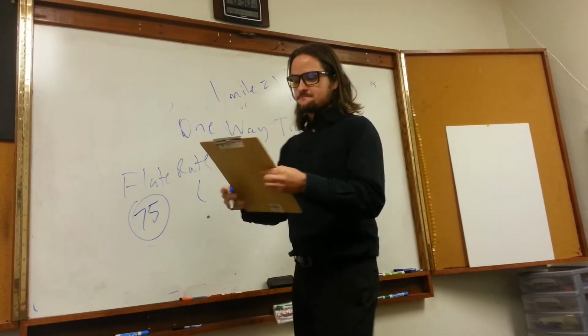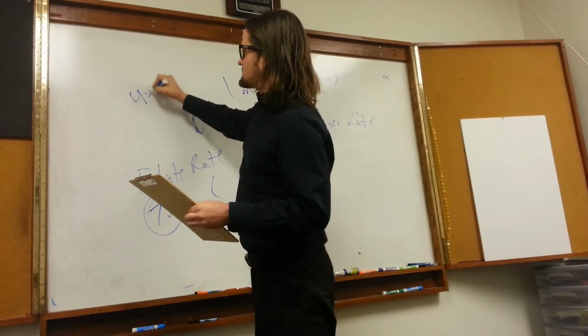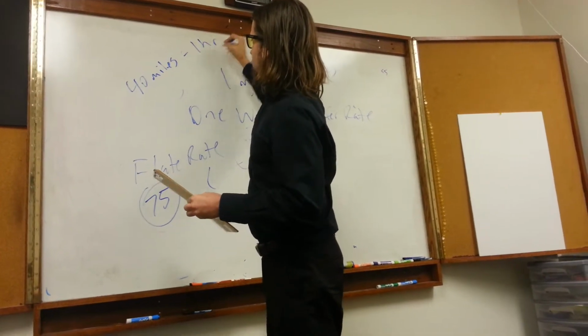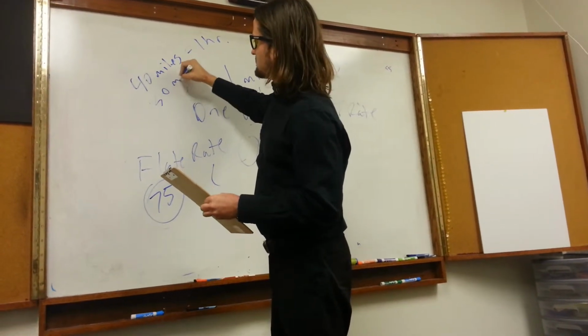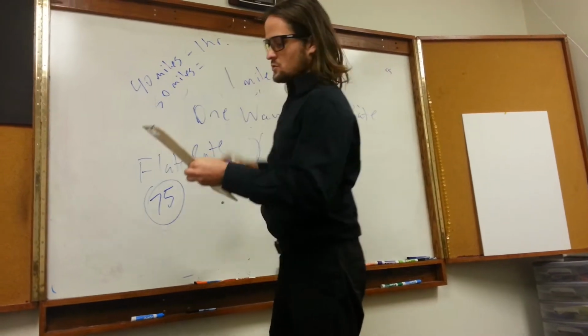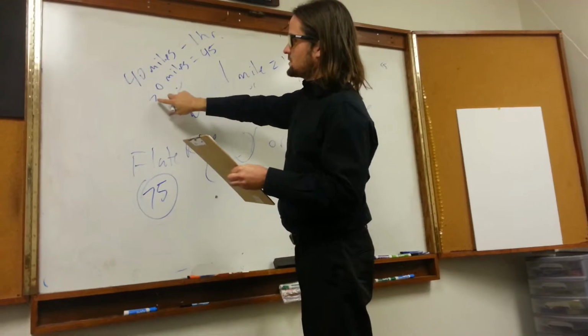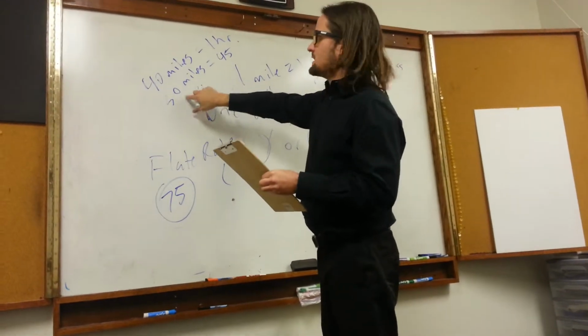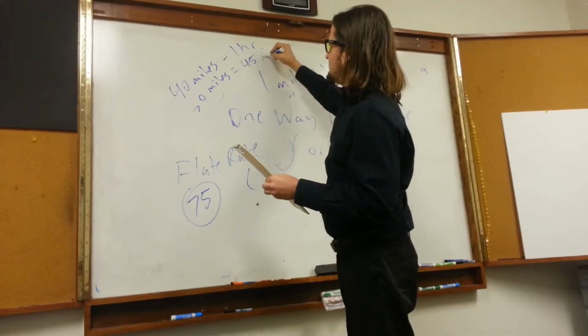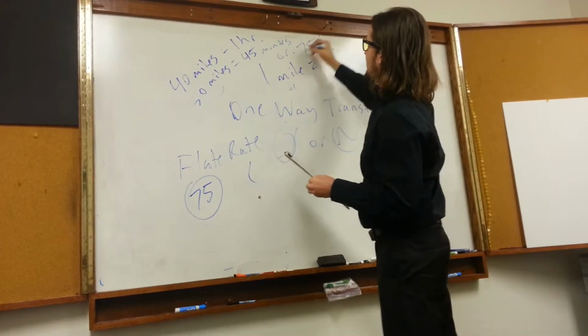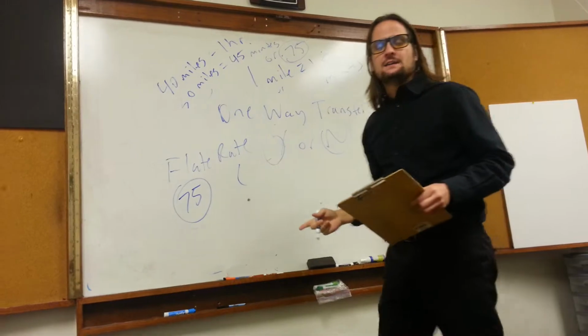In that case, 40 miles would equal 1 hour. 30 miles would equal 45 minutes, because again, you're multiplying 30 times 1.5, 45 minutes, or 0.75 of the hourly rate.